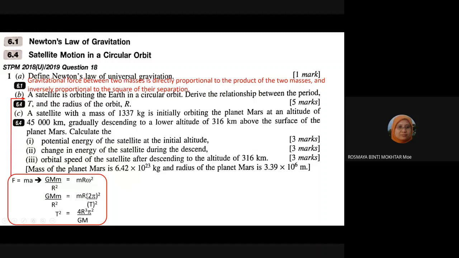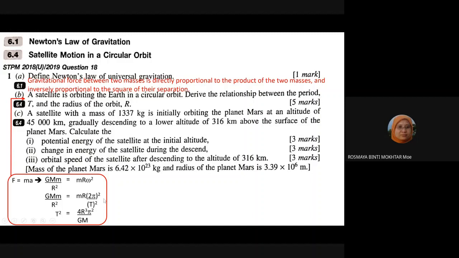Don't use another symbol. Maybe in this question some of you will use small letter r, so be careful. Given here is capital letter. This time the capital letter does not refer to the radius of the planet, this is the radius of the orbit. Understand or not? Hopefully you understand.